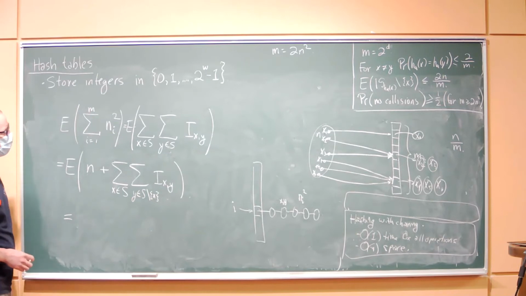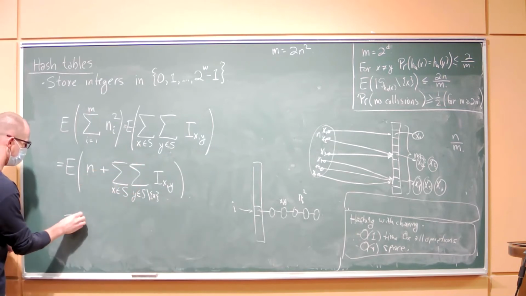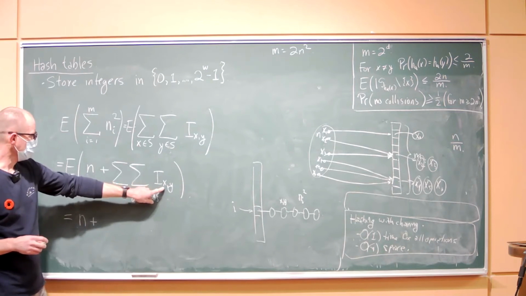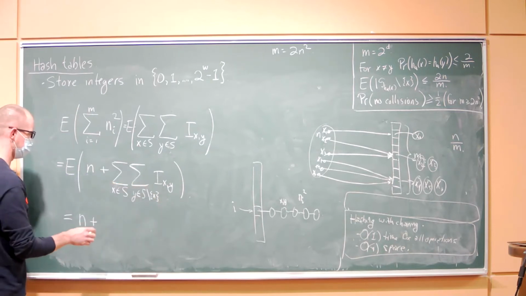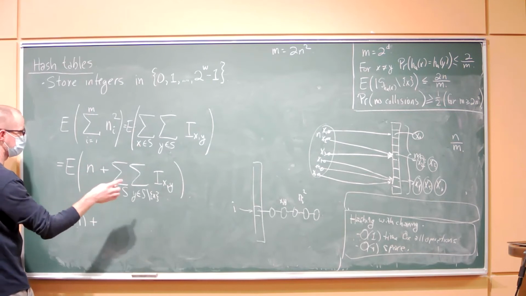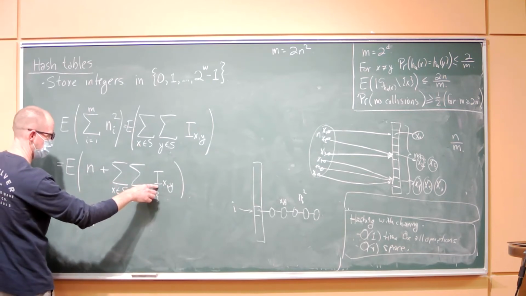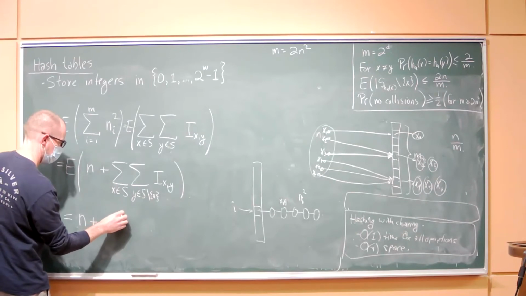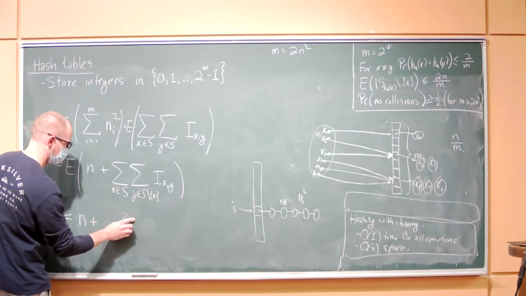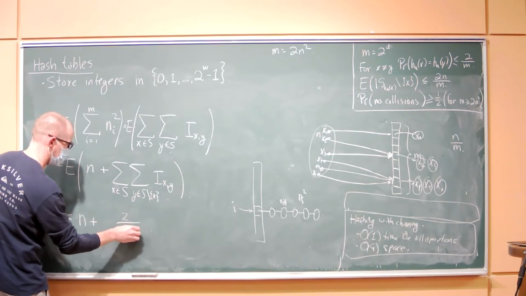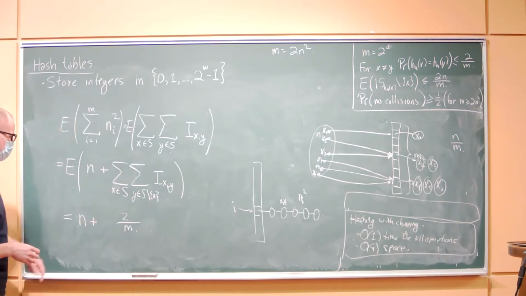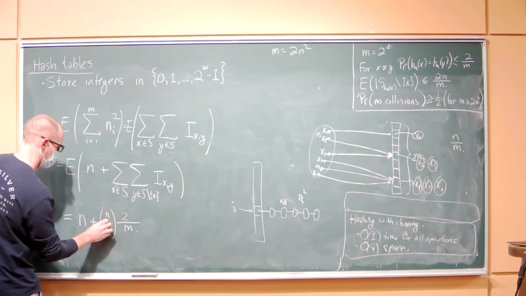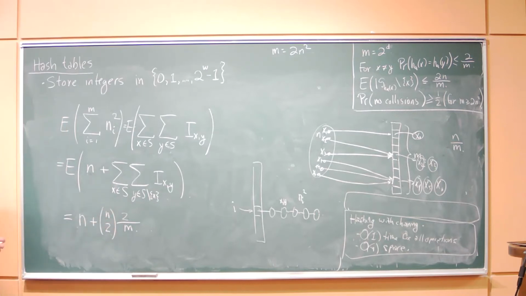All right, so now we can do what we did before. We've got an n, plus the expected value of this thing, which is 2 over m, times the number of things in here, which is n choose 2.